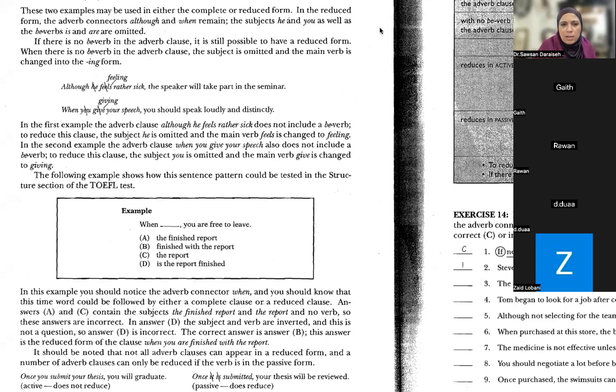What are we going to say here? So when the finished report, you are free to leave. The finished is the subject, like this report, where is the verb? The finished means the one who is done. All right, so there's no verb really here. When finished with the report, meaning when you finish the report.